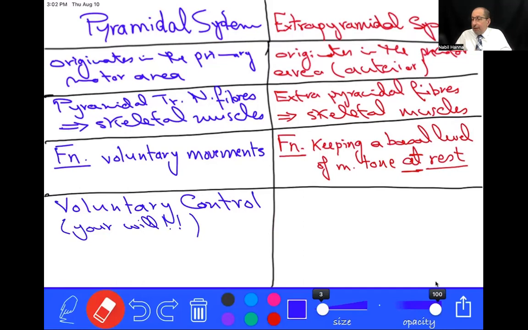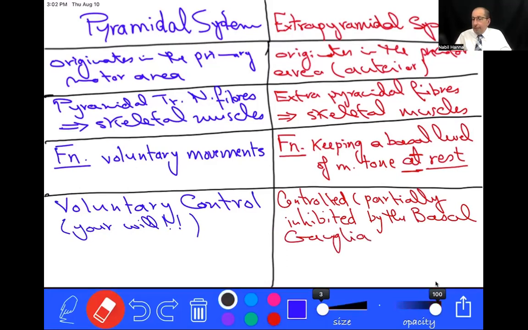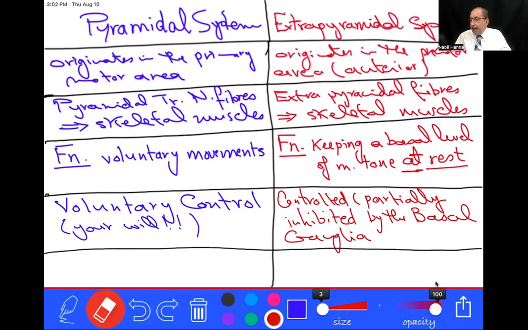But the extrapyramidal system is controlled, and controlled here means partially inhibited by the basal ganglia. Where are the basal ganglia? In the brainstem. The basal ganglia are in the medulla.